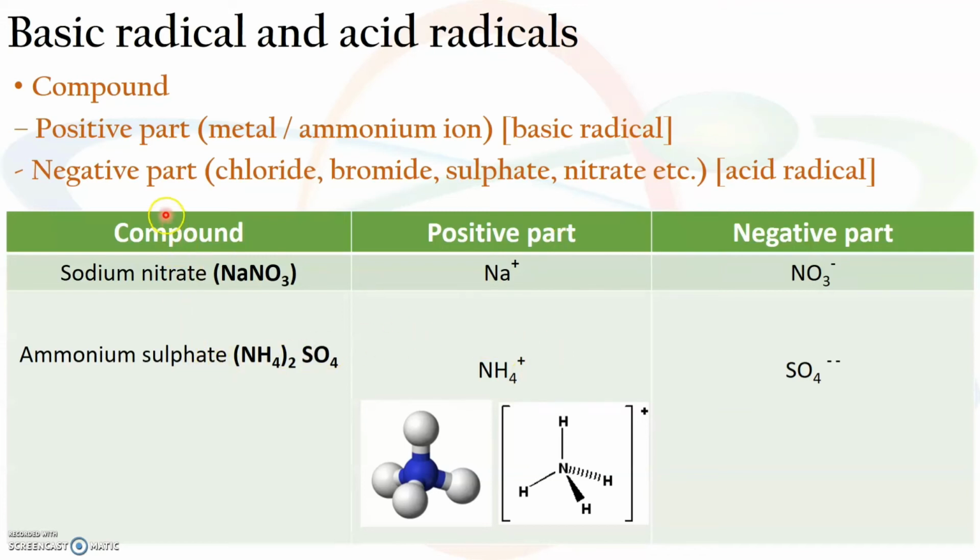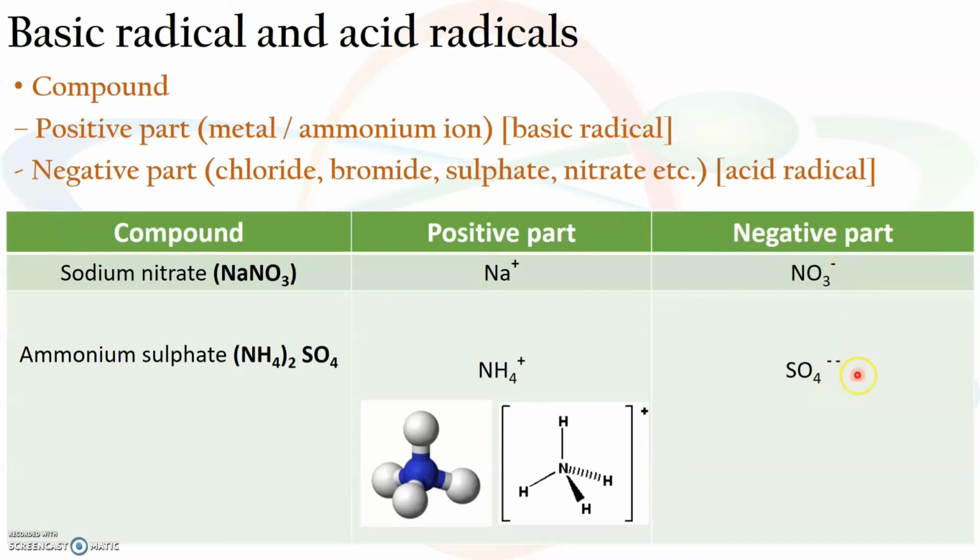Likewise, the negative part can either be chloride, bromide, sulfate, nitrate, etc. So the sulfate is considered to be the negative part. So we write sulfate radical here, and we know that sulfate radical has got two negative charges. So we write it as SO4 with two negative charges.